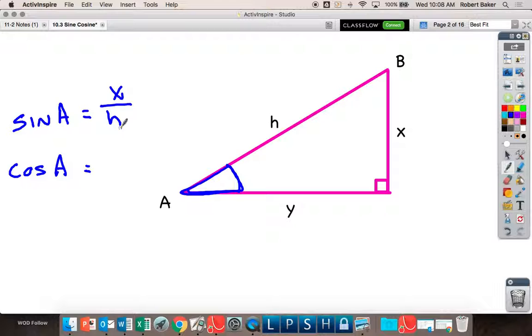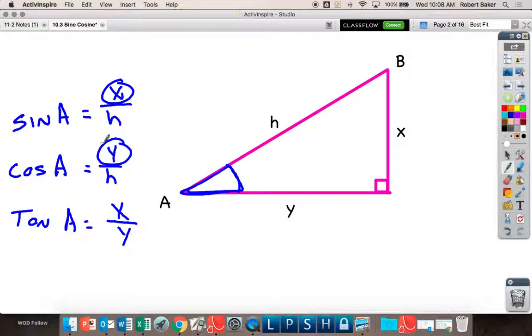Y. We did a lot of the work yesterday. And just for fun, X over Y. So tangent is really sine divided by cosine. That's going to be huge for later.